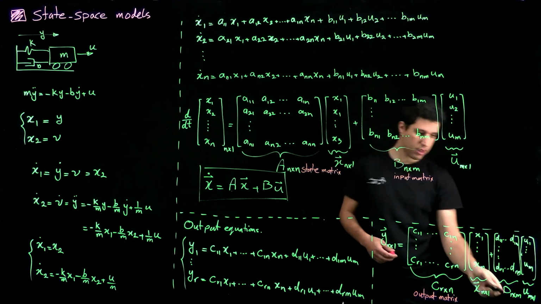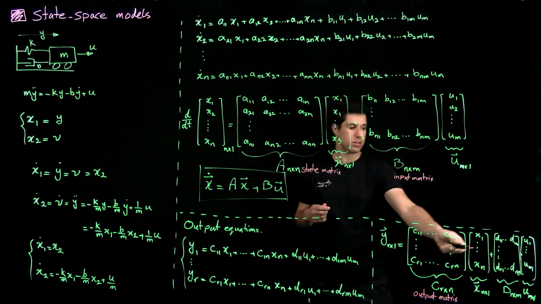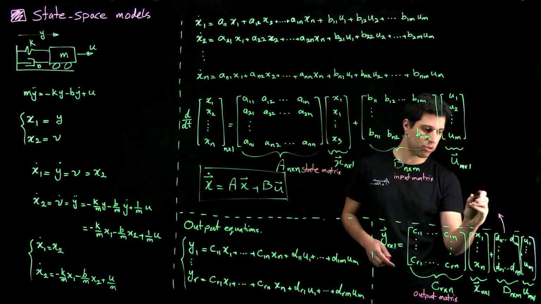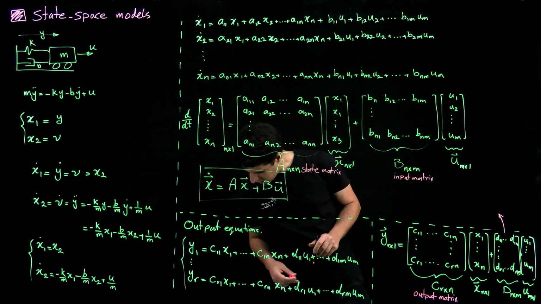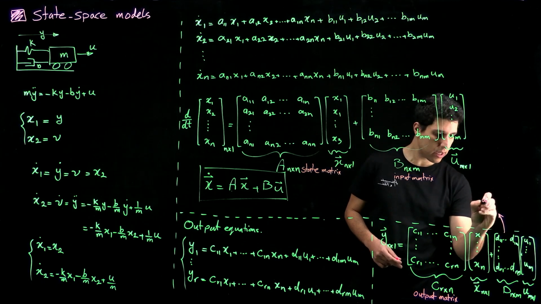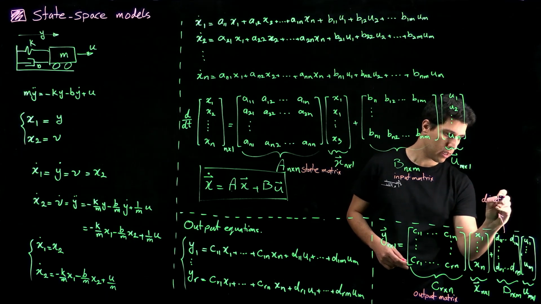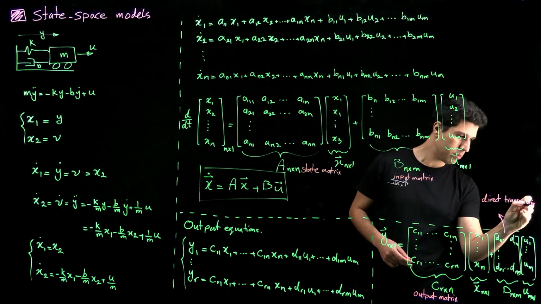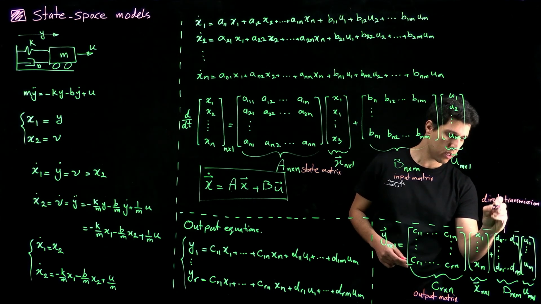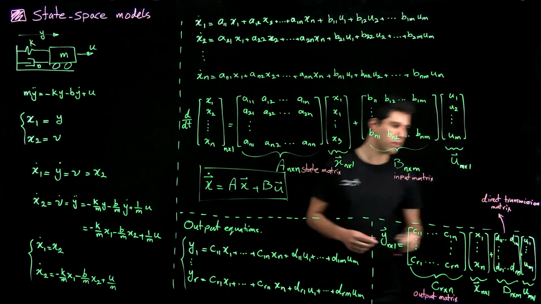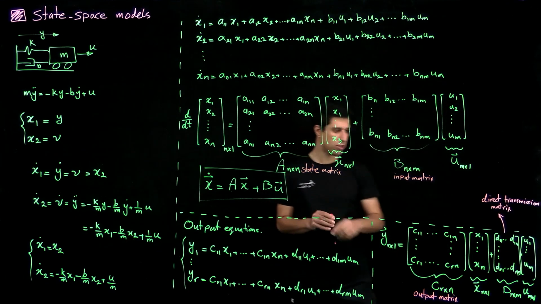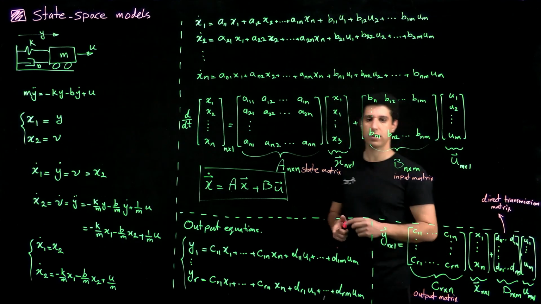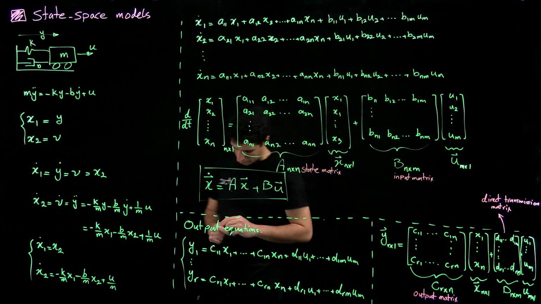And D, this one, I did all of that because of that. That D is sometimes called the direct transmission matrix. So it's a direct feed through of the inputs and their effect showing up in the output.